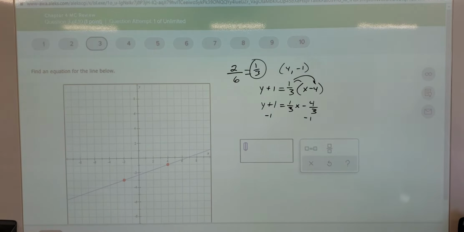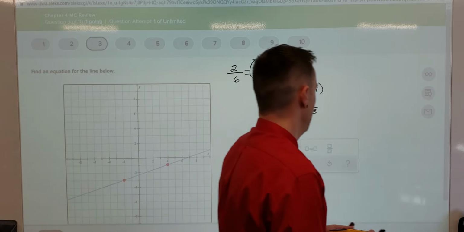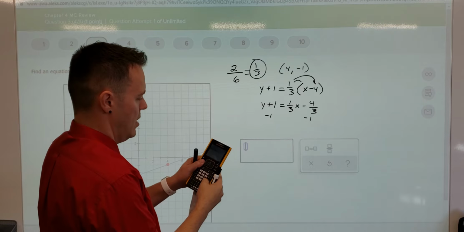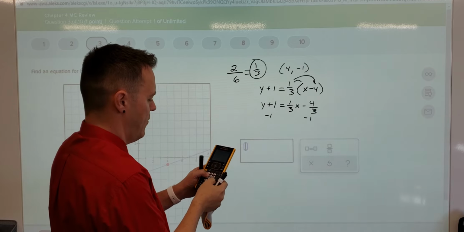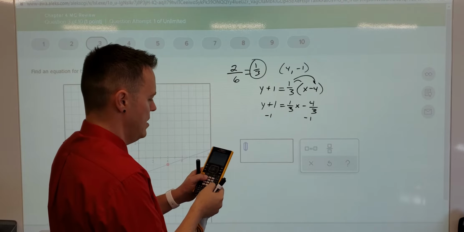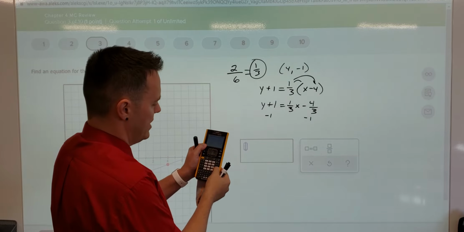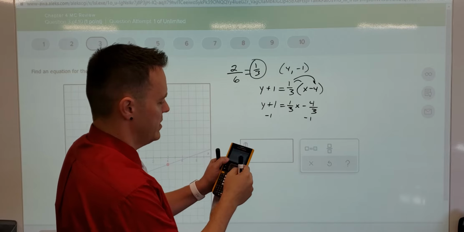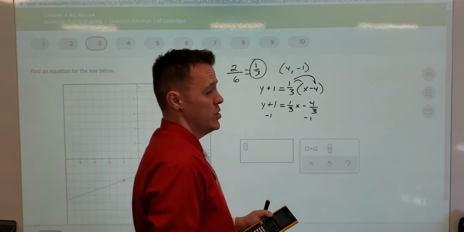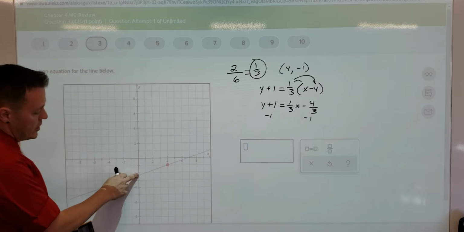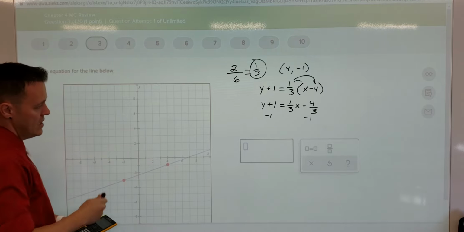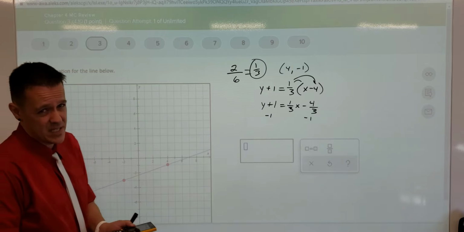On my calculator here, I would put negative 4 divided by 3, and then I would put minus 1, and my answer would be negative 7 over 3, which is 2 1/3, which if you look at your graph, okay, so know one aspect of this, guys.